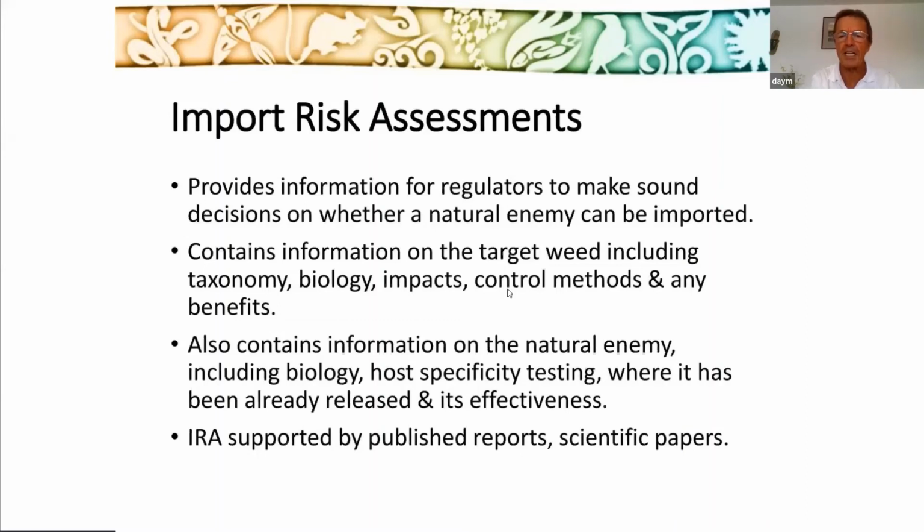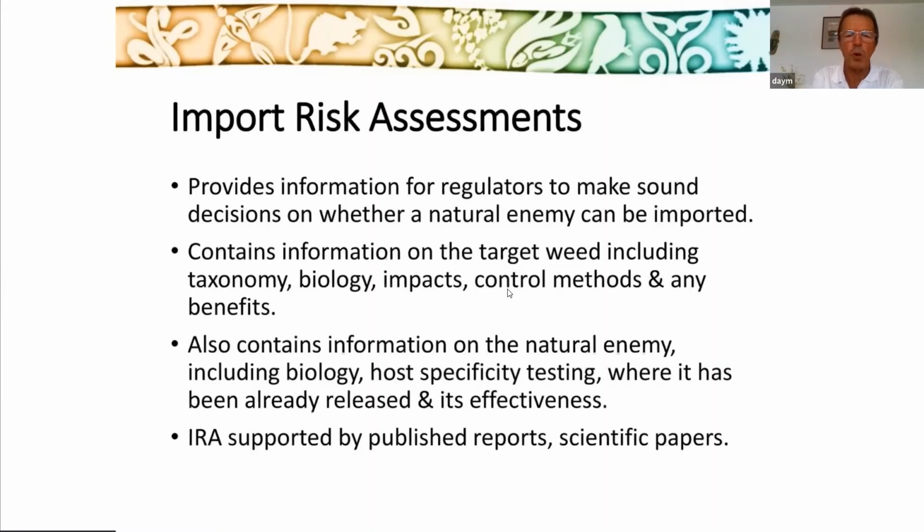And so often the legislation will help dictate whether we go down a particular pathway of control or introducing a biocontrol agent. And as we mentioned on the first day, we want to know, does the weed have any benefits? The benefits could be medicinal, such as in Mikania, or it could be useful for mulch and things like that, or shade, or it could be a tree species, like a garden plant, like African tulip tree.